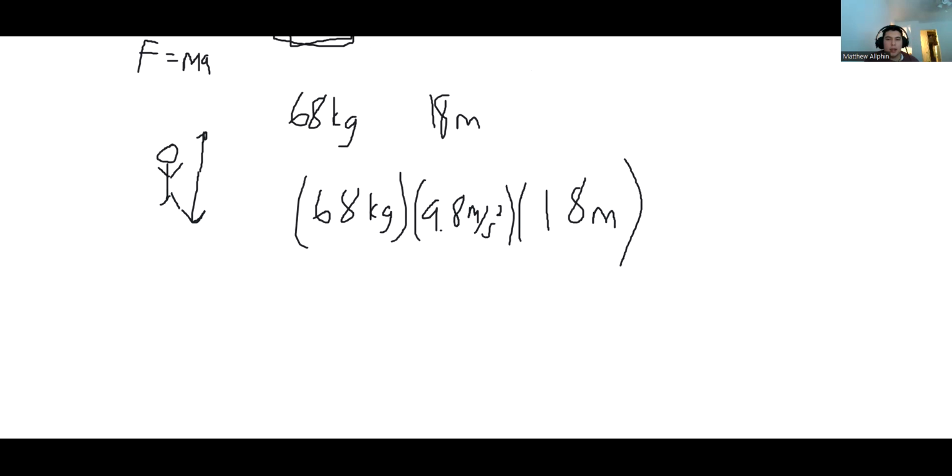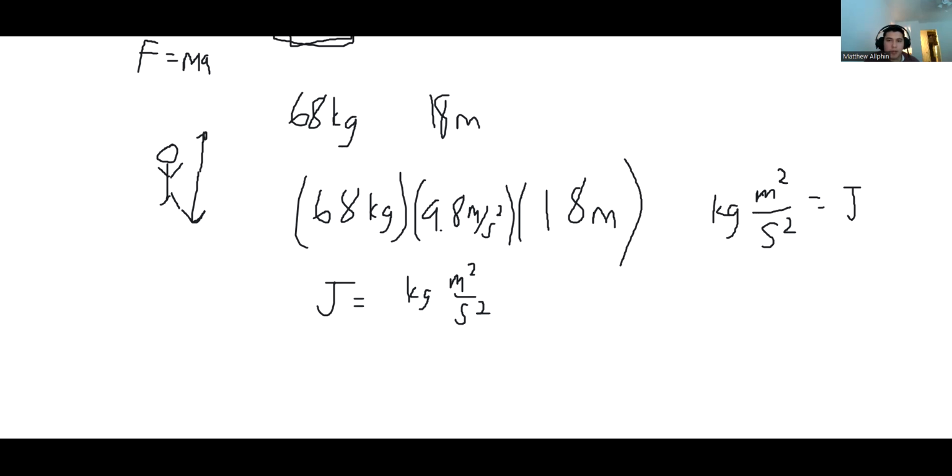You don't really need to know this, but a joule is actually equal to a kilogram meter squared per second squared. It helps me in this problem because I have a meter here and a meter here, so that means I have meters squared, seconds squared on the bottom, and kilograms. So that means this is a joule.